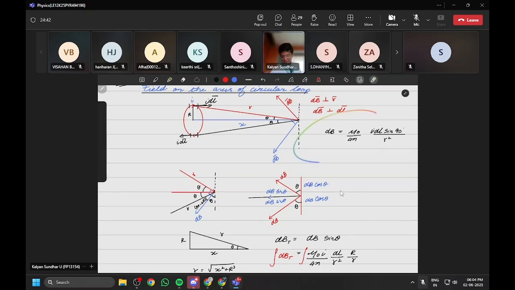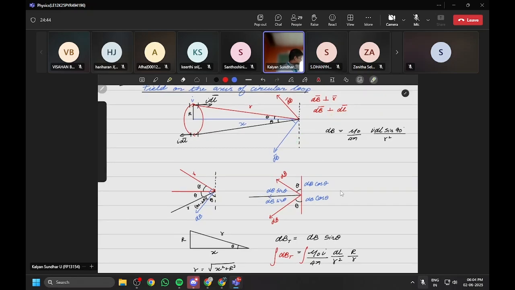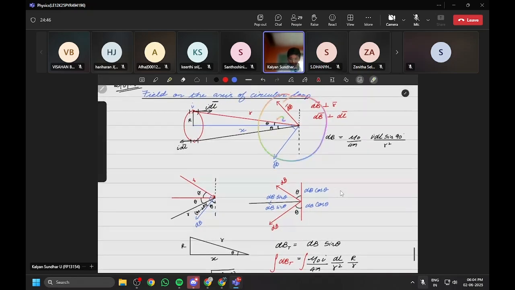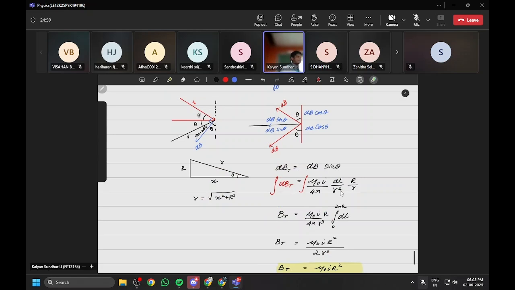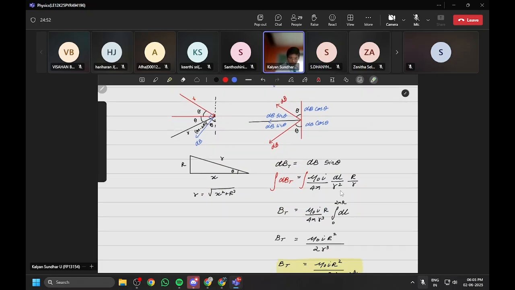right? Now what am I doing? They are making an angle theta. I have drawn only this component separately. These two are making an angle theta. This is one vector, this is a dB vector. Oh sorry, the dB vector actually goes here. This is r, and this is also r element. Now they both are making angle theta, and this is also angle theta.